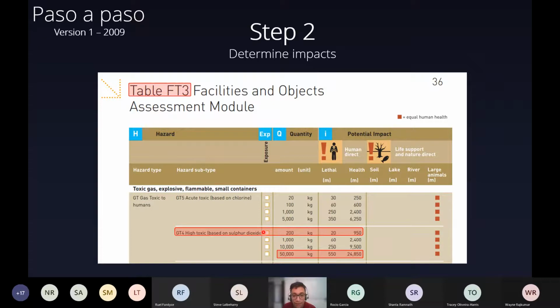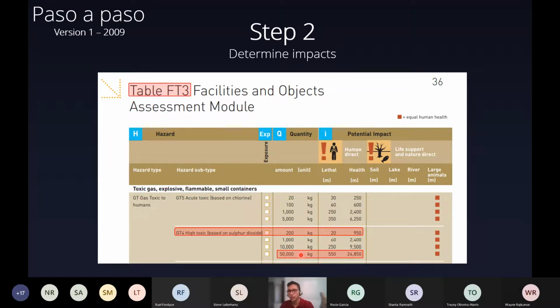And depending on the quantity, which also has to be known with more precision, as you can see here, we have smaller quantities: 200 kilograms, 1,000, 10,000, and 50,000. I didn't mention how to calculate the quantities here, because usually when you use these bigger tools, you already know a lot about the facility.